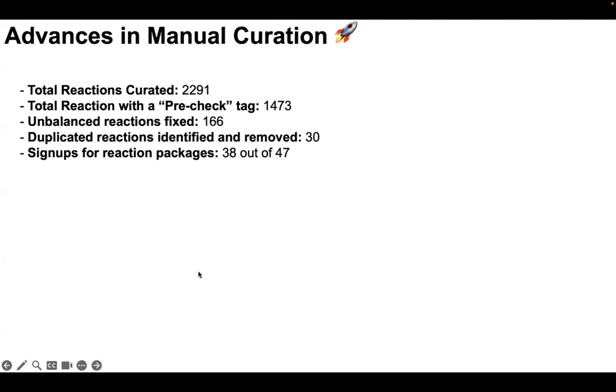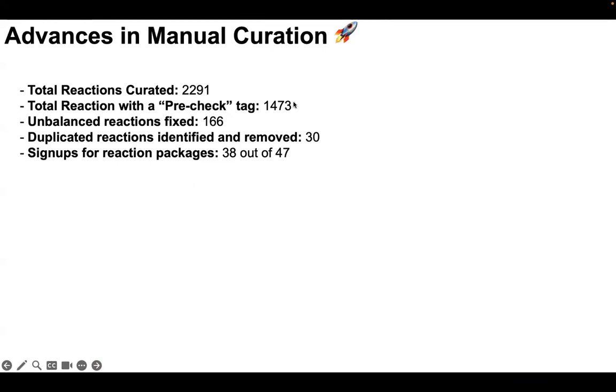Before I begin, as always, I would like to thank you for all the advances that you were able to make in the manual curation of our reconstruction. We have a total of almost 2,300 reactions curated.